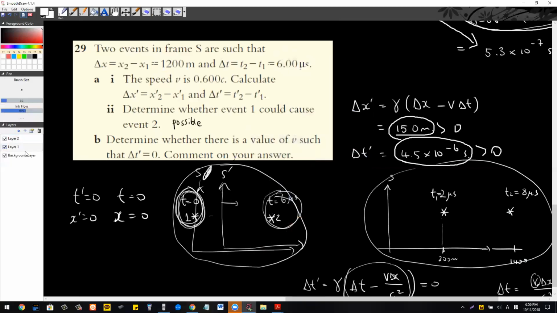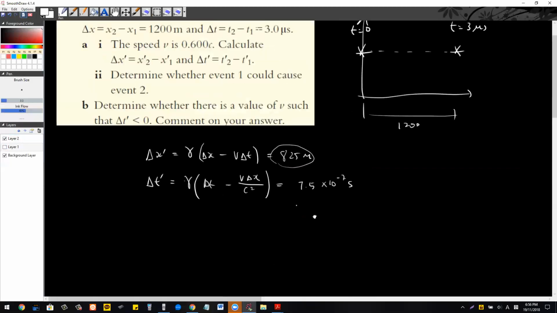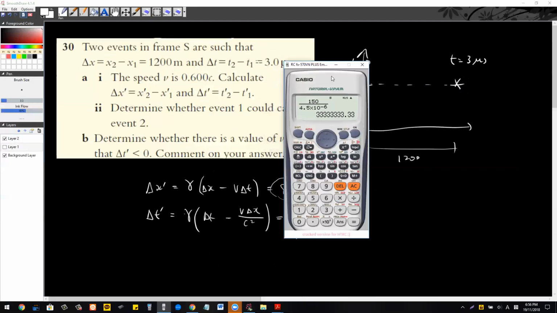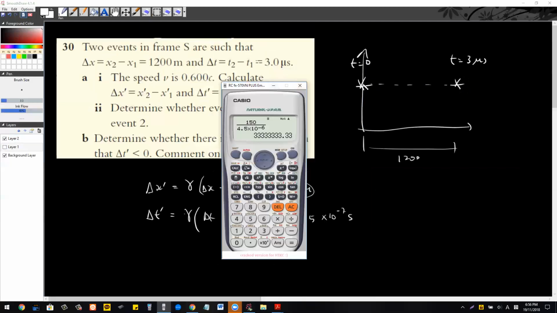Okay. Now, if we go back to this, see 1,200 divided by this one here. Could event 1 cause event 2? So this happened first and then this one later, right? But with the speed of light, can this travel from there to there in 3 microseconds?